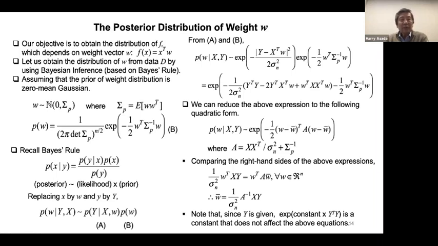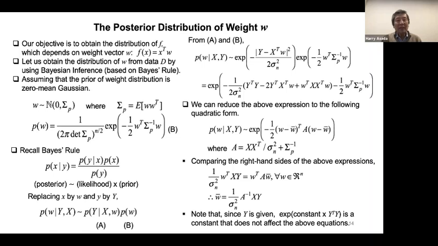So let's also obtain the distribution of weight W, which is to be determined from the data D. And then we apply Bayesian inference, based on Bayes rule.